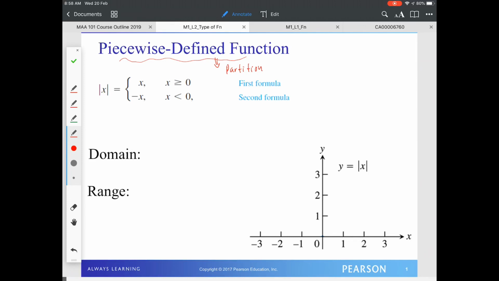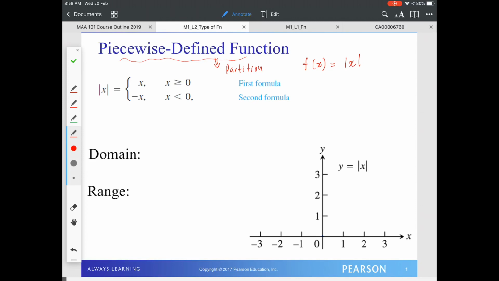For instance, one of the most basic piecewise defined functions is the absolute value function, which is f(x) equals modulus x. This modulus function is quite interesting because you partition it into two.